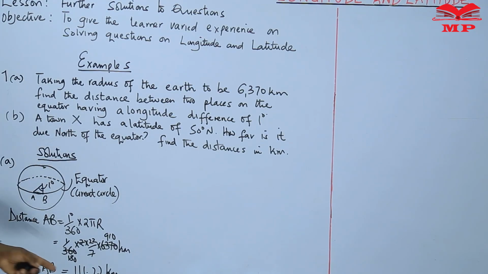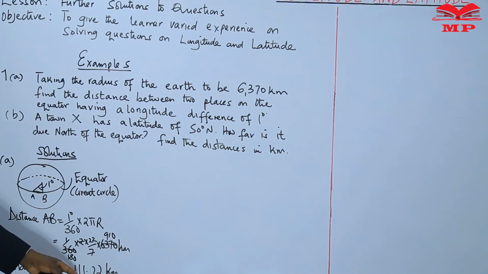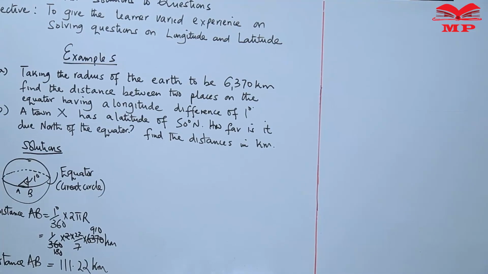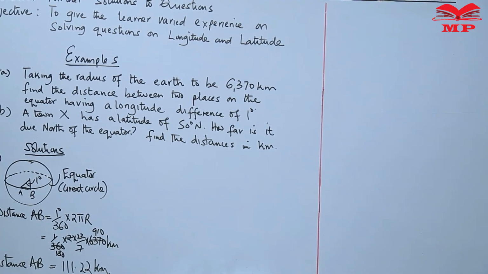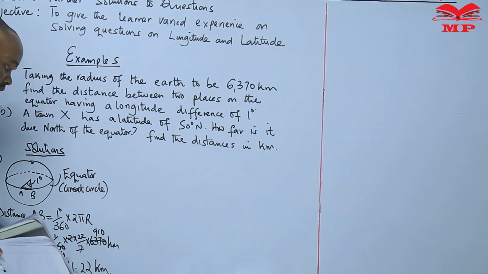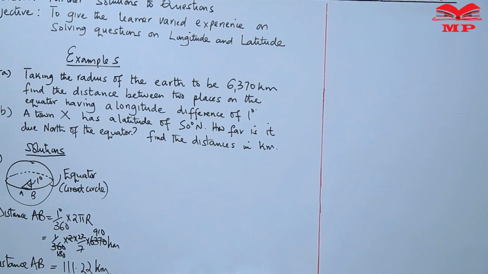Know that this is one of the distances that was equivalent to 60 nautical miles. If you remember, that is how we equated this to 60 nautical miles and got that relationship. But they are not asking us for that. So that is the solution or the answer to that question.